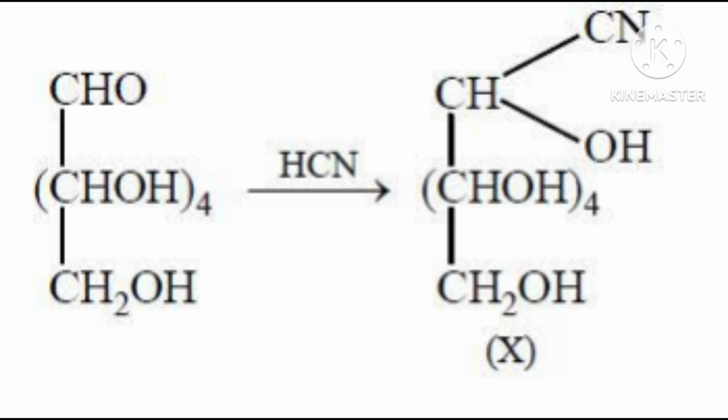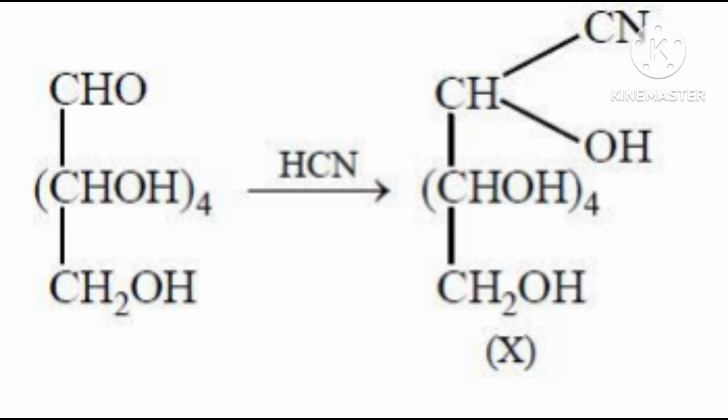Now next, acetylation of glucose. What idea will you get by this reaction? Acetylation of glucose with acetic anhydride gives glucose pentaacetate, which confirms the presence of 5 OH groups.